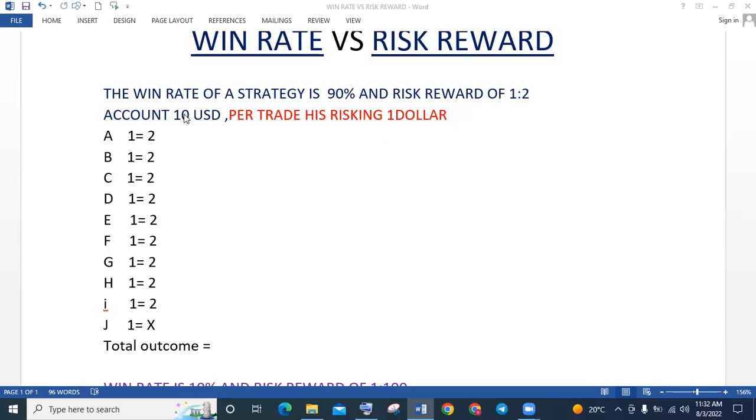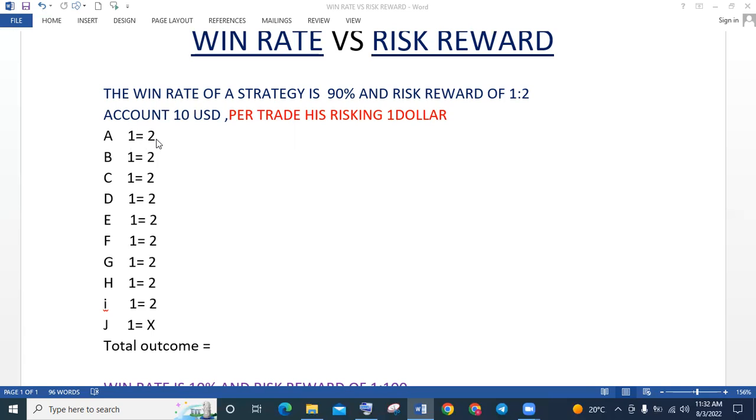So in a $10 account, he's risking $1. The outcome of the first trade is going to be $2 since he has a high win rate of 90%. This means out of 10 trades which he's going to take, he's only going to lose 1 trade and he's going to win 9 of them.